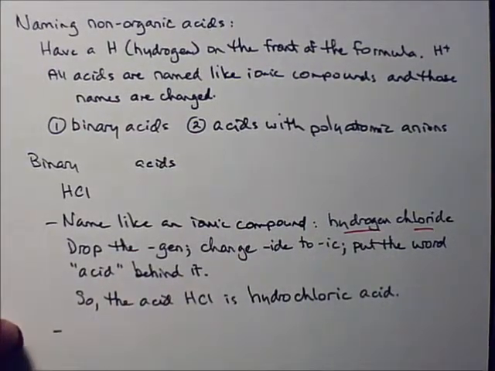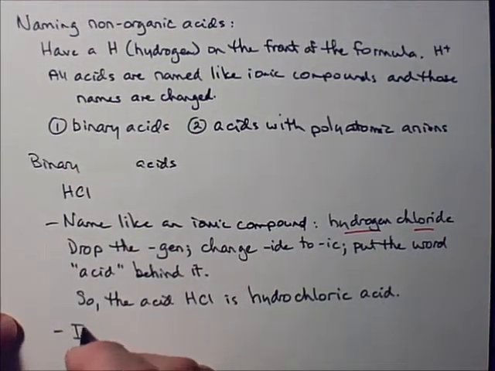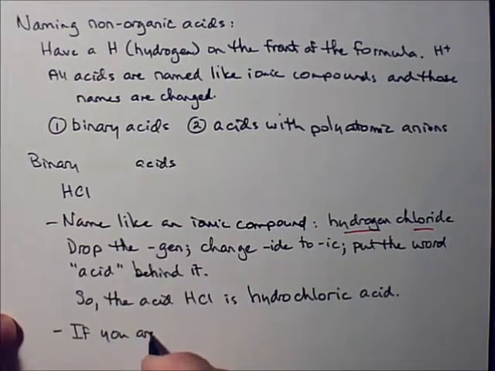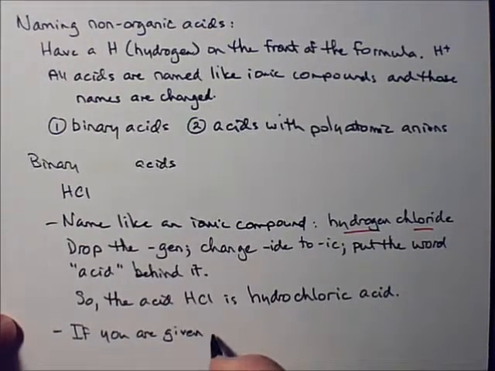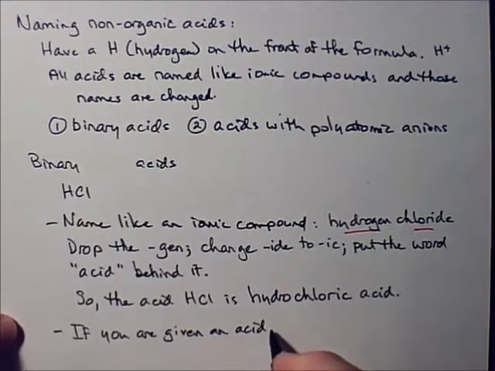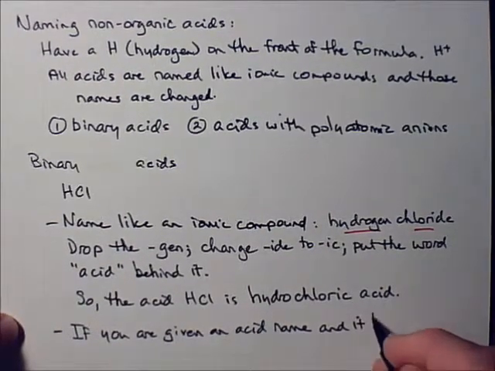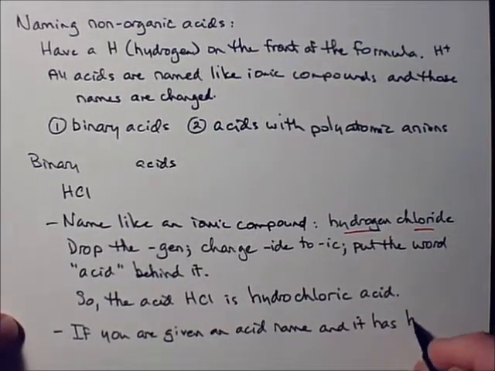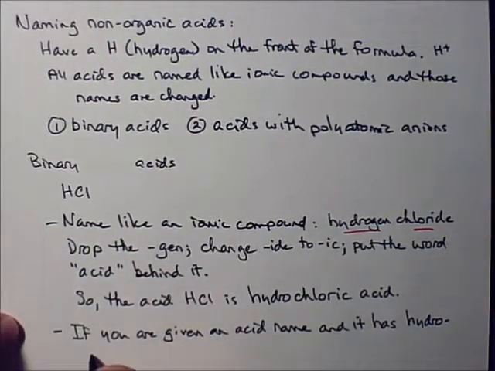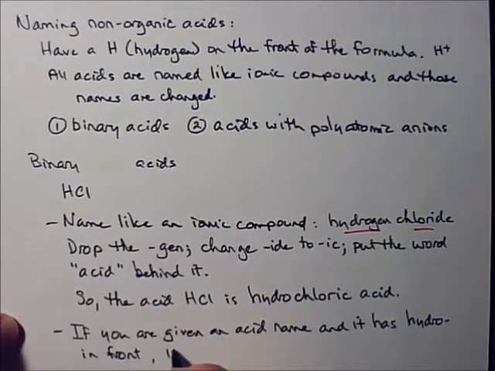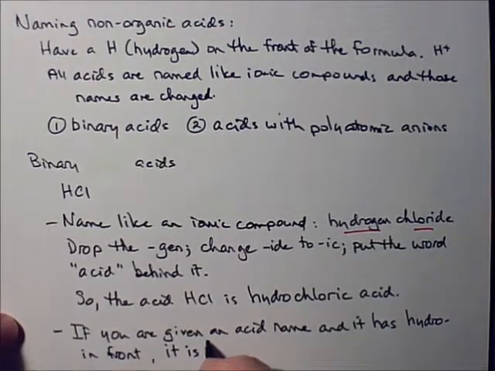And suppose we want to write the formula from the name. Well, we just undo this. Okay? So if you're given an acid name, and it has hydro in the front, it's binary.